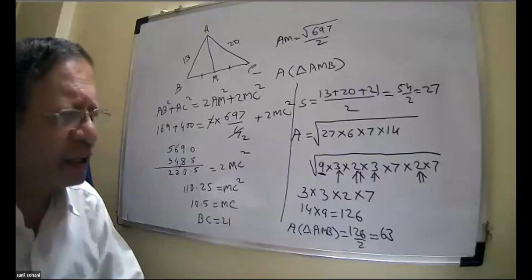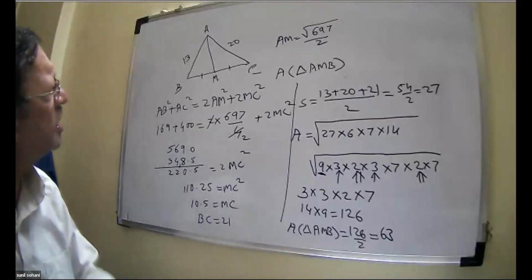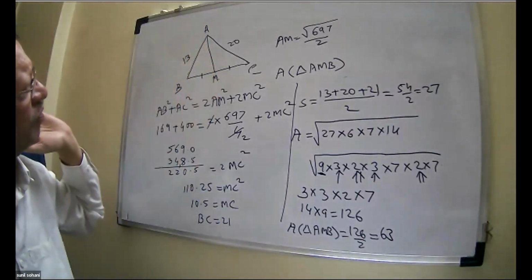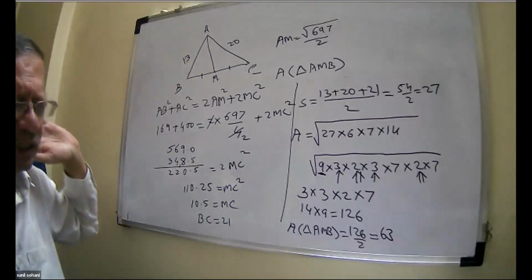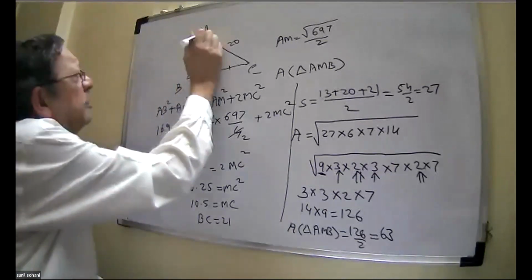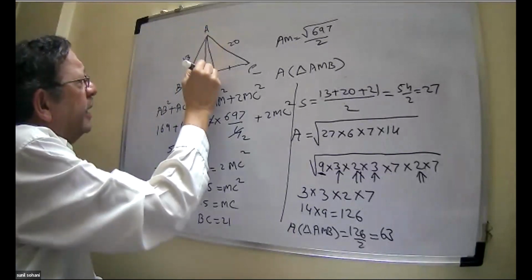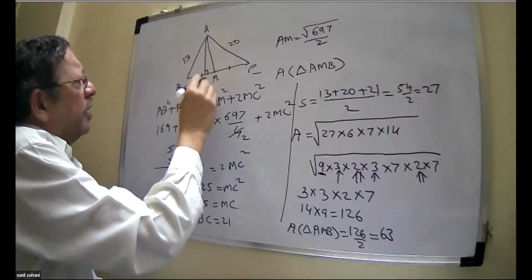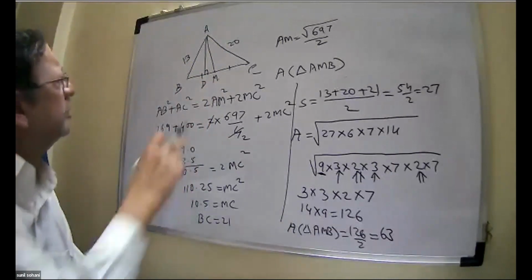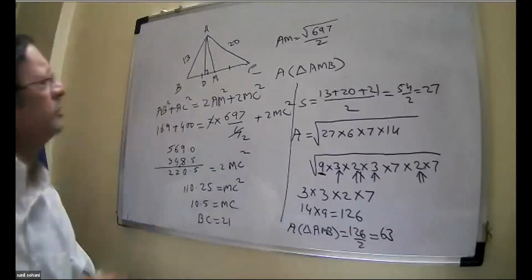Median is not a height, it is not an altitude. You can see in my figure that AM is a slanting line, and height is the perpendicular from the top. So I'll show you the height. This will be 90 degrees. Let me call it point D. So AD will be the height, but AD is not known. So we can't use half base into height.